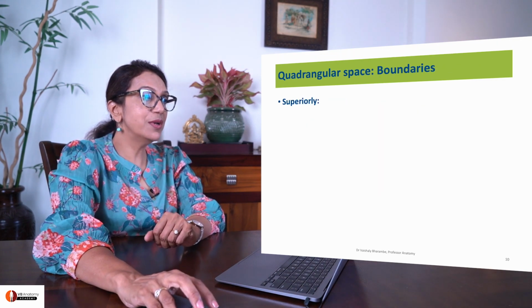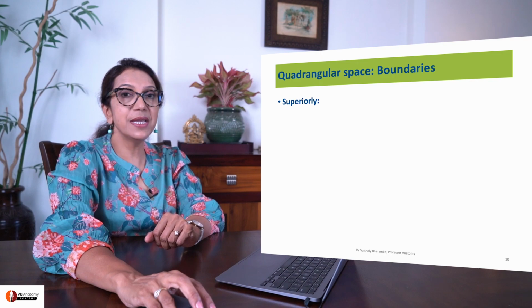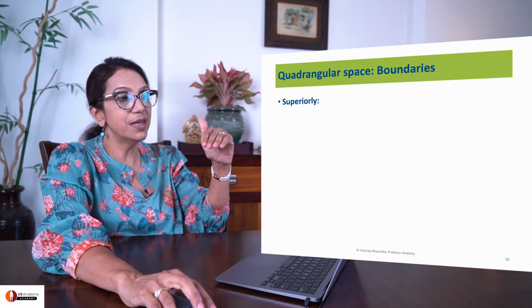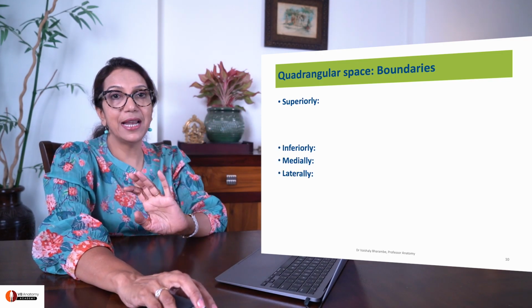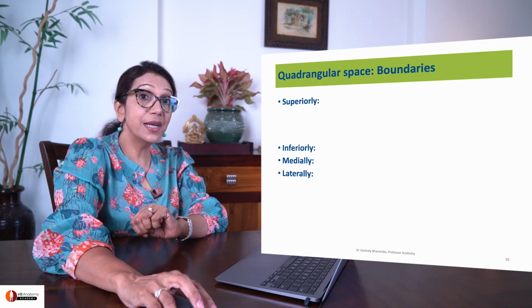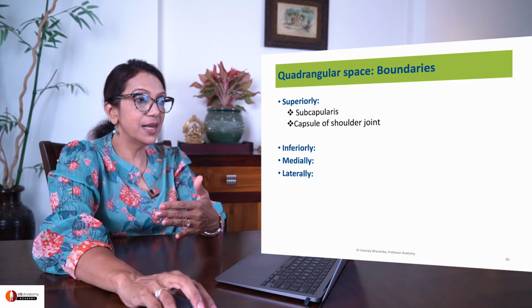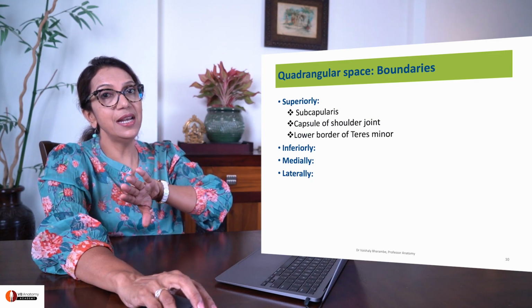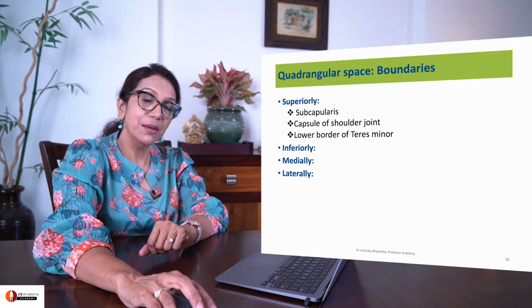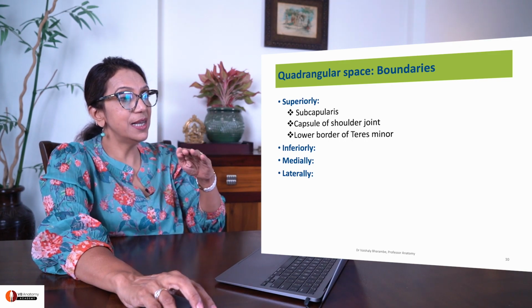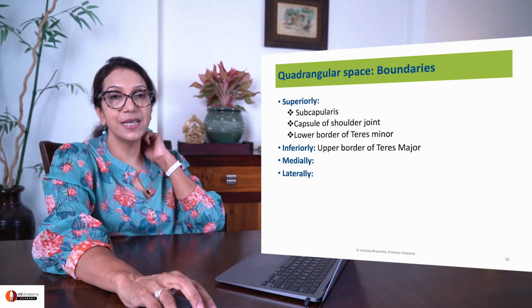So the boundaries of quadrangular space we saw were superior, inferior, medial and lateral, 4 boundaries. Superiorly formed anteriorly by subscapularis, posteriorly by capsule of shoulder and inferior border of teres minor. Inferiorly it is formed by upper border of teres major.